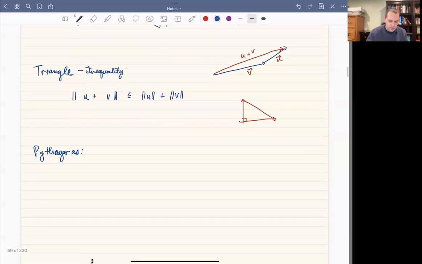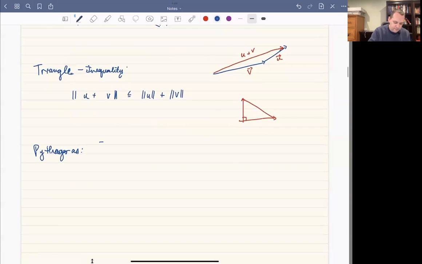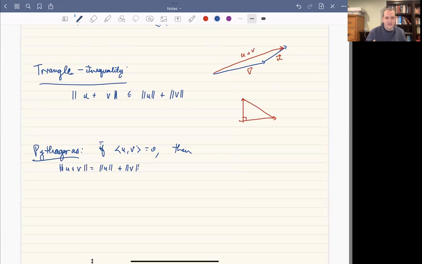And there's a Pythagorean theorem here as well. If u and v are orthogonal, then it turns out that you get equality in the triangle inequality. So you get that the norm of u plus v squared is the norm of u squared plus the norm of v squared. That's the Pythagorean theorem in this context.